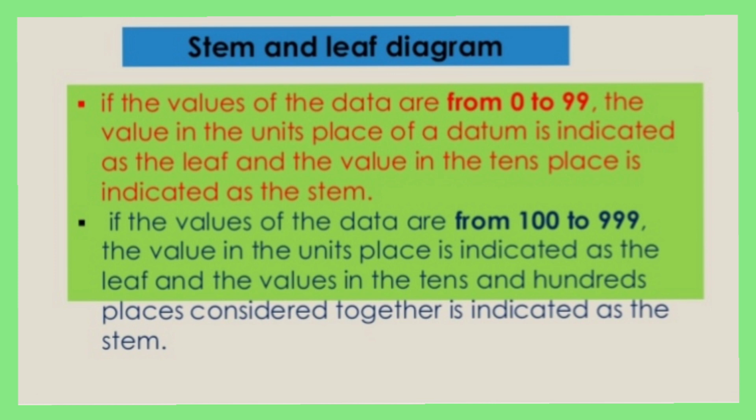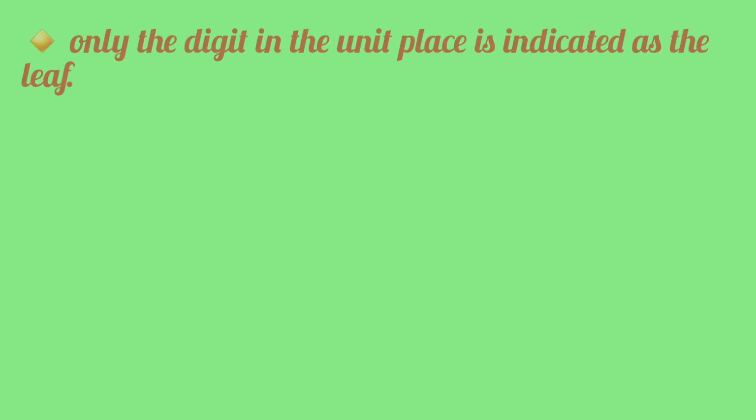If the values of the data are from 100 to 999, the value in the units place is indicated as the leaf and the values in the tens and hundreds places considered together is indicated as the stem. Only the digit in the units place is indicated as the leaf.